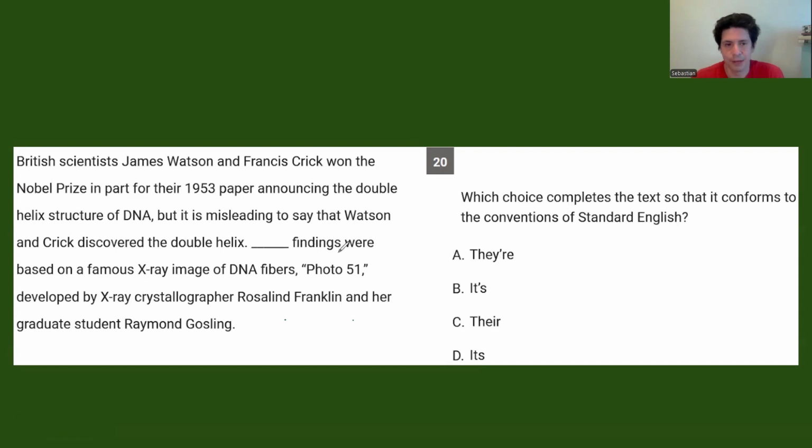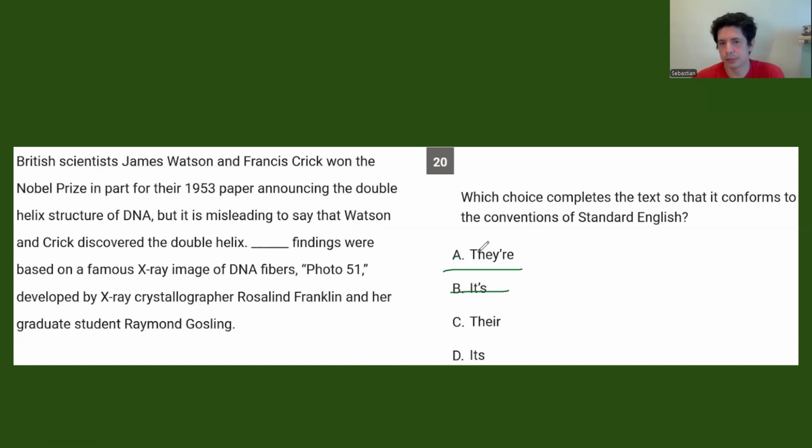So blank findings were, so whose findings? They're talking about Watson and Crick's findings. Okay, and the fact that I said whose findings, the whose I just did was possessive. So we're looking for possessive things. So it's not going to be they are.